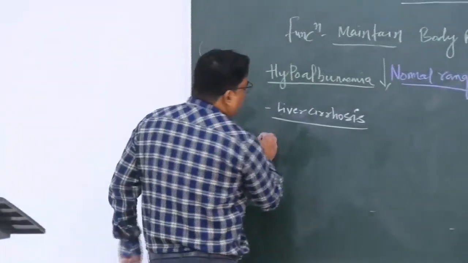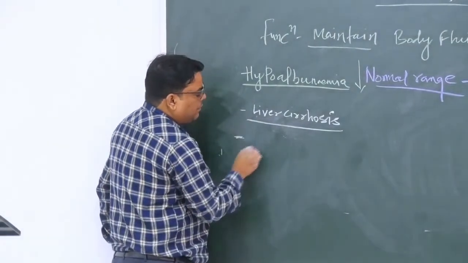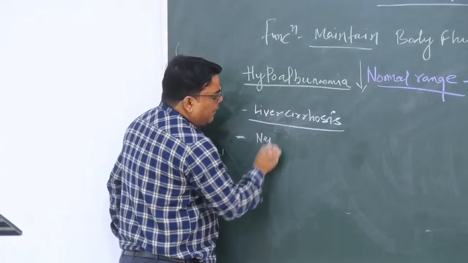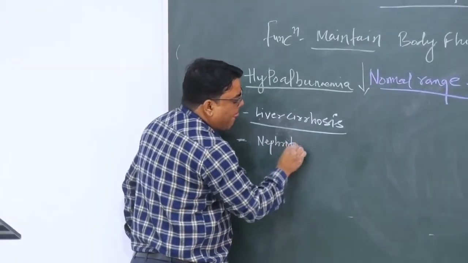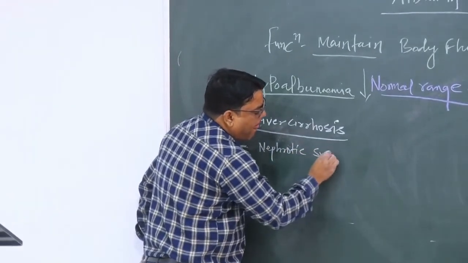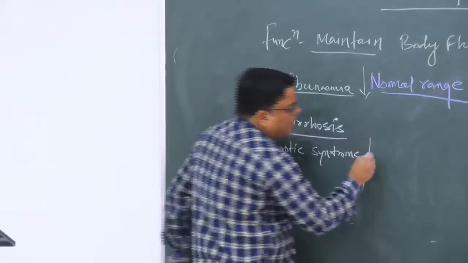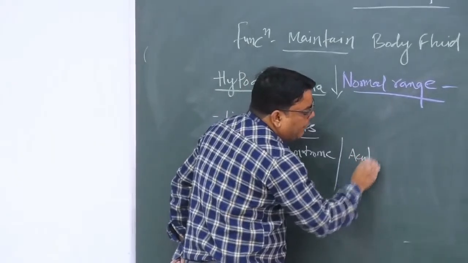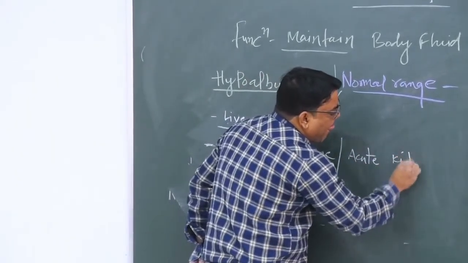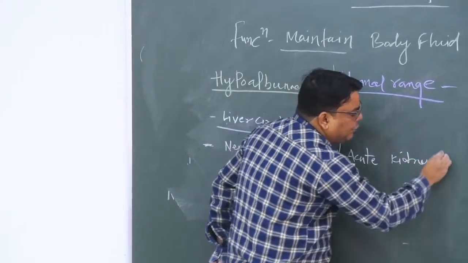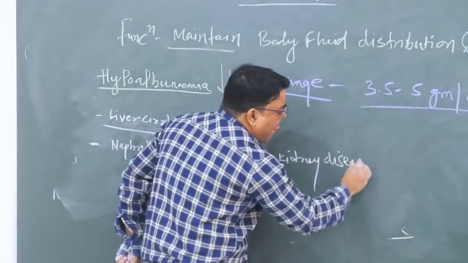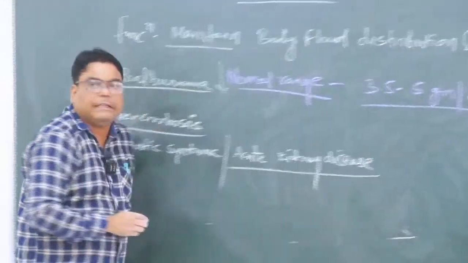And in the case of nephrotic syndrome and acute kidney disease, we call it AKD.